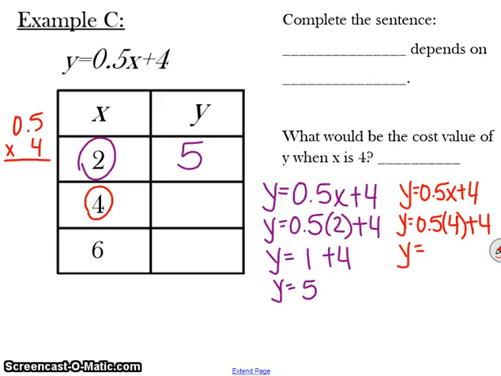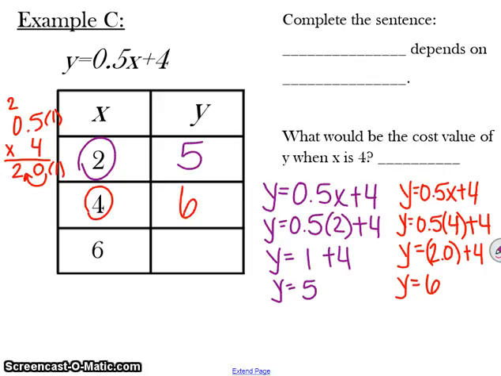Well, 4 times 5 gives me 20. 4 times 0 is 0, and 0 plus 2 is 2. There's only one place behind the decimal, so I move over my decimal one time. So it's 2.0, or just 2. So I have 2.0, and I'm going to add 4 to that. Well, I know that 2 plus 4 will give me 6. So my y value is 6.